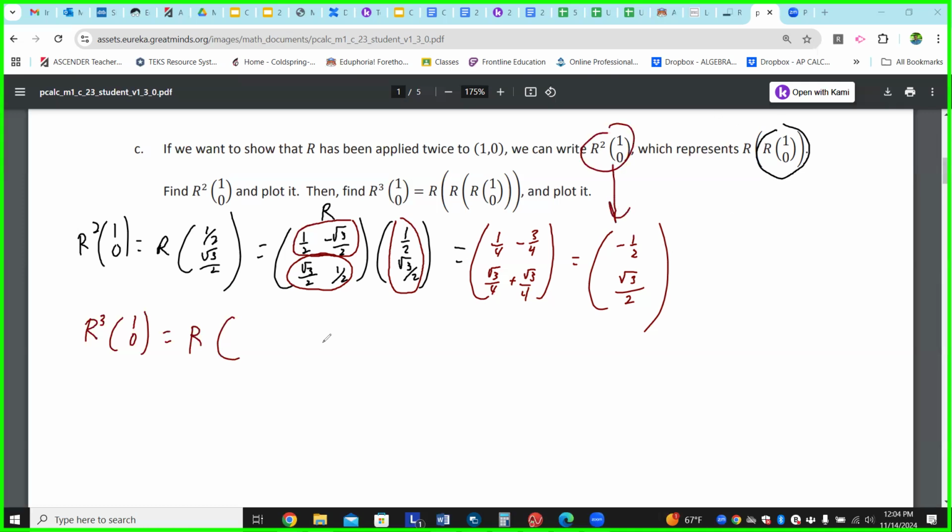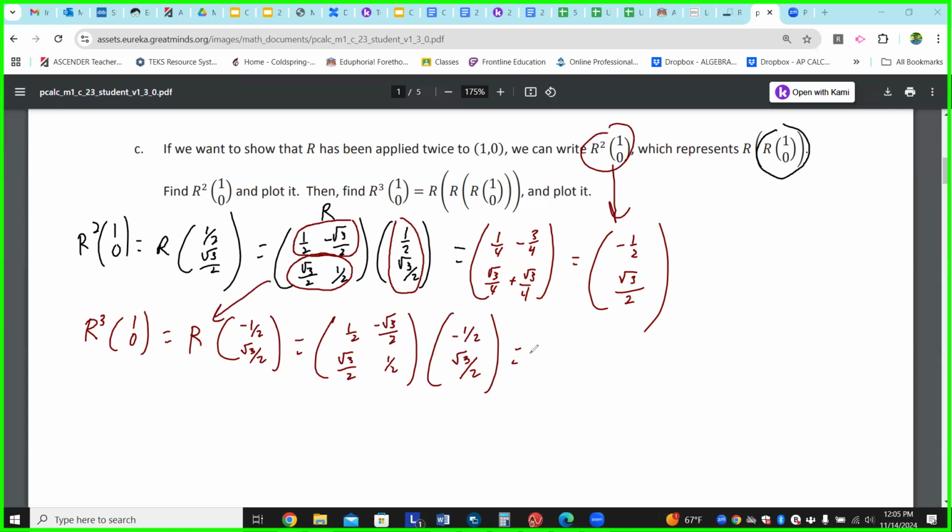So this is this result. So that's going to be negative 1/2, square root 3 over 2. And so then again, I'm just going to replace r with what was told to me in part A. So I get 1/2, negative square root 3 over 2, square root 3 over 2 and 1/2 times what I got for my r squared, which would be negative 1/2 and square root 3 over 2.